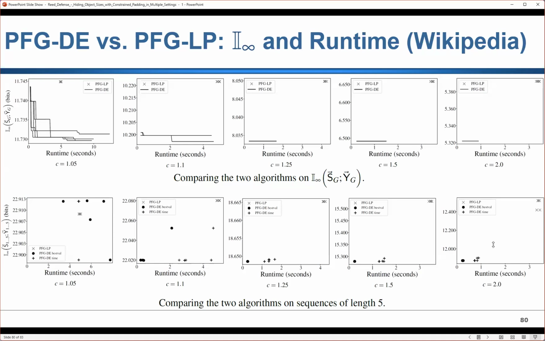So for instance here, for a value of 2 on the Wikipedia data set, the differential evolution algorithm is yielding results much faster than the LP, sub-second here, and in fact yielding great solutions in less than half a second.